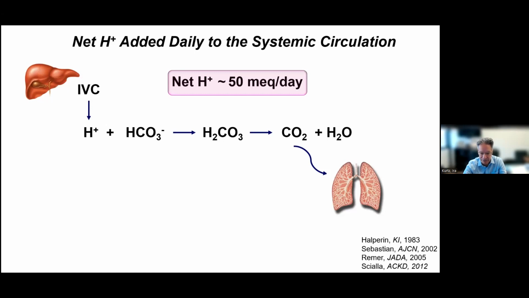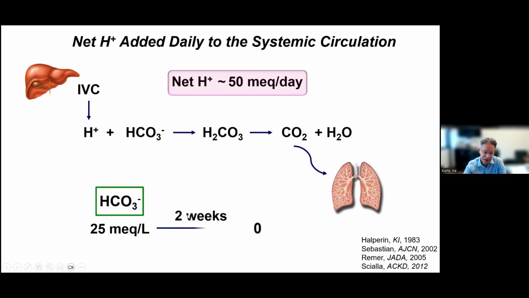The bicarbonate in the hepatic vein is lower than in systemic venous blood, because the hepatic venous blood is acidified by this process, and that venous blood then mixes with the arterial blood. If this was the only thing occurring, your blood bicarbonate would be 0 in 2 weeks if you just kept having this proton load without anything else happening.